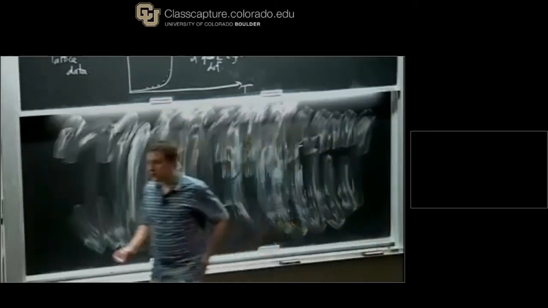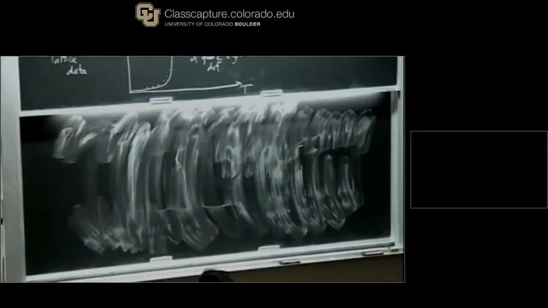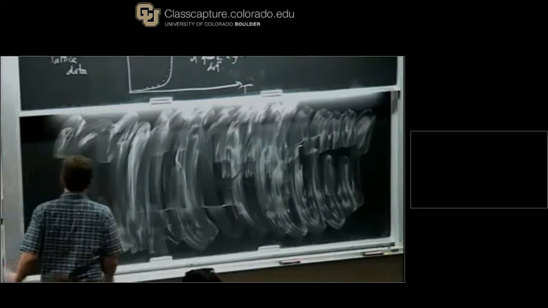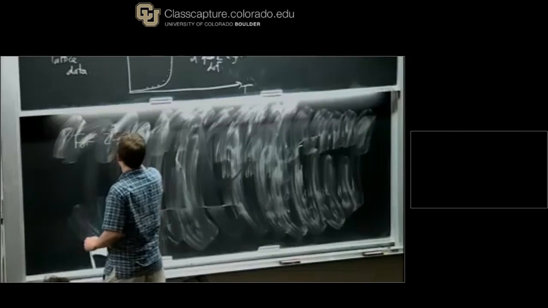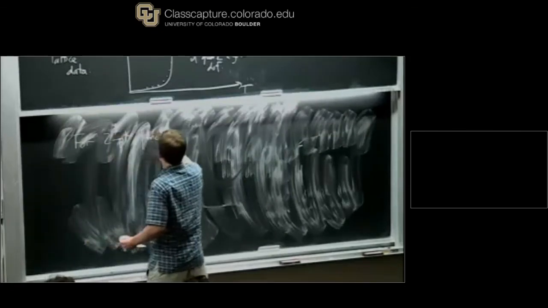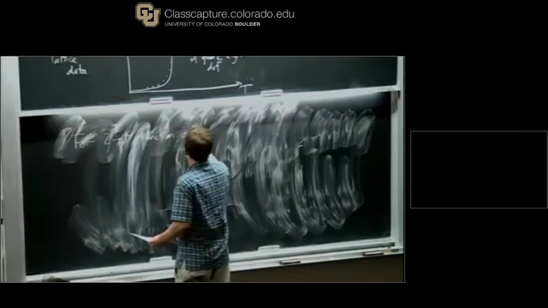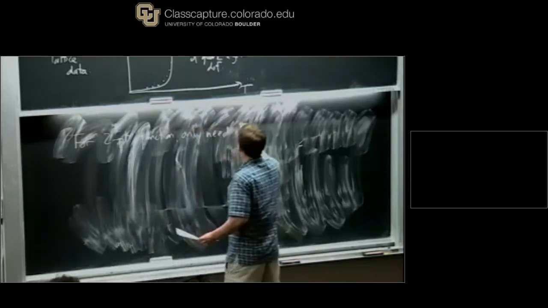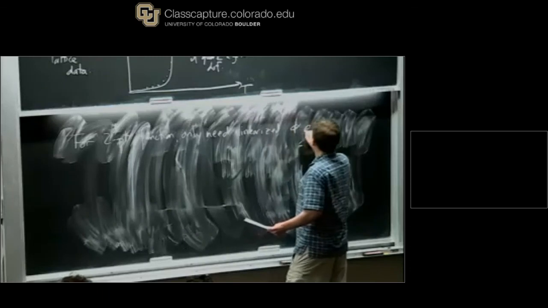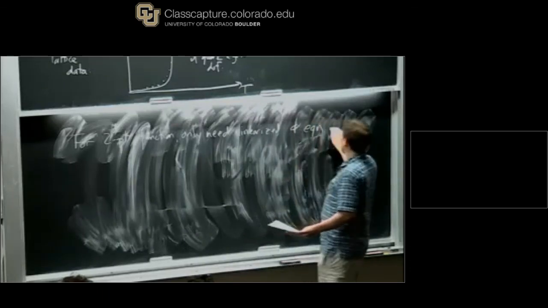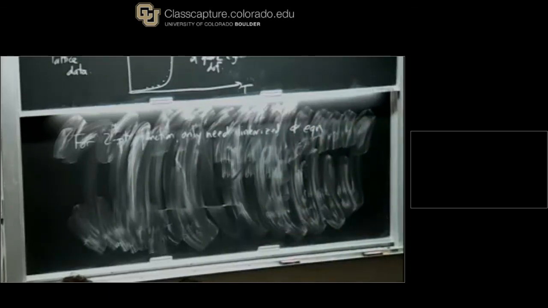If all we're interested in is a 2-point function, then all I have to do is solve the linearized phi equation. I don't need phi squared and higher order terms, because those will drop out.